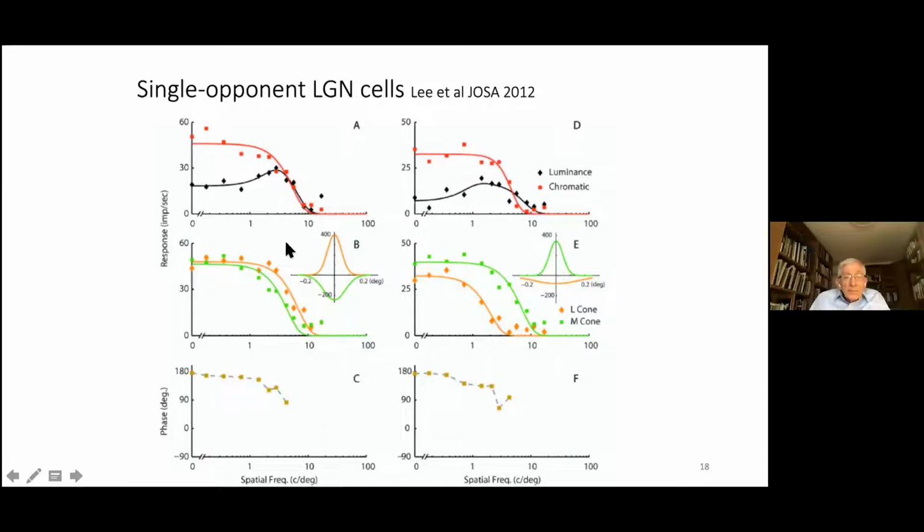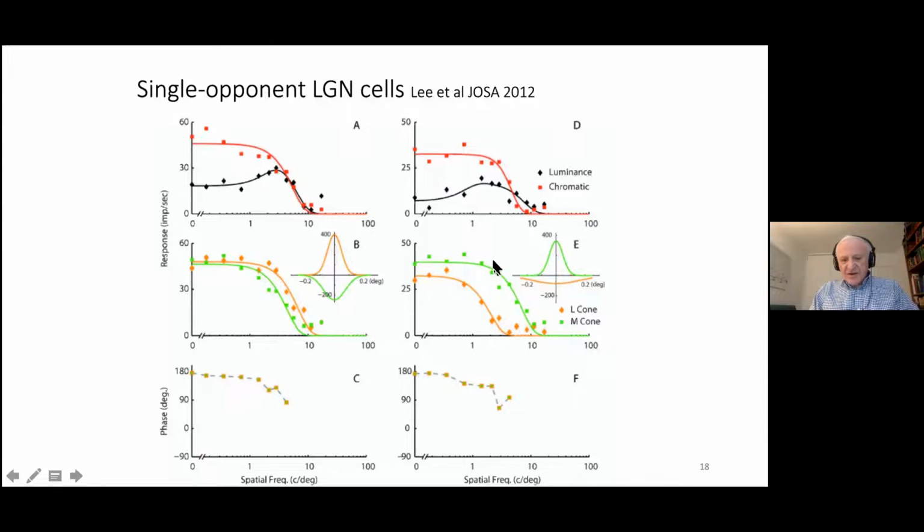And the main thing, two things. One is that the L and M responses generally were low pass. This is two different neurons, but in the whole population, they were very low pass. And then, using the trick that I said before, the spatial filtering to deduce what the cone inputs look like in space, we derived these spatial profiles.